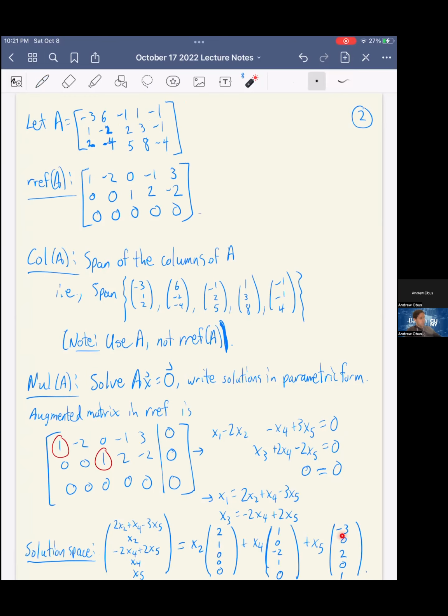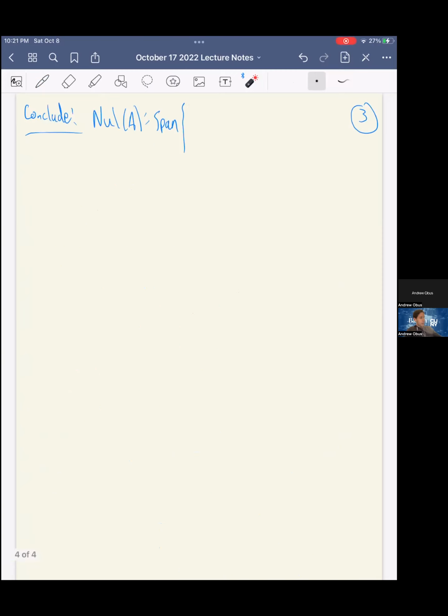This one, and this one. Right, so it's the span of 2, 1, 0, 0, 0, and 1, 0, minus 2, 1, 0, and minus 3, 0, 2, 0, 1.